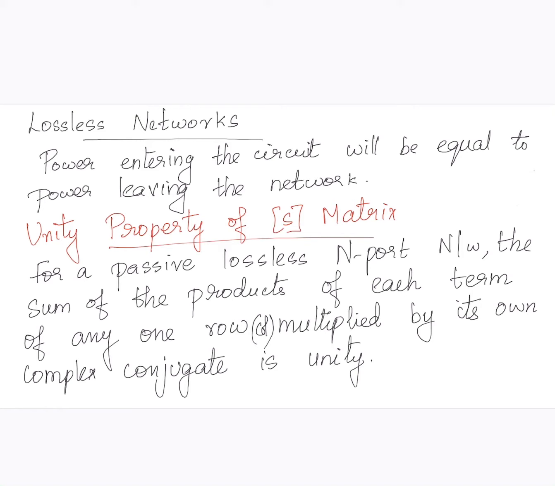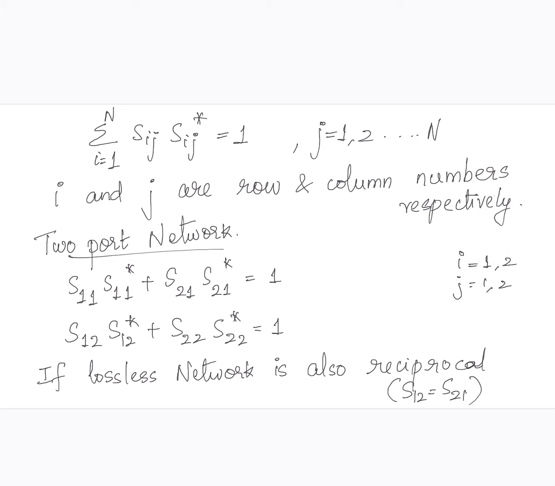The unity property states that for a passive n-port network, the sum of the products of each term of any one row or any one column multiplied by its complex conjugate is unity.